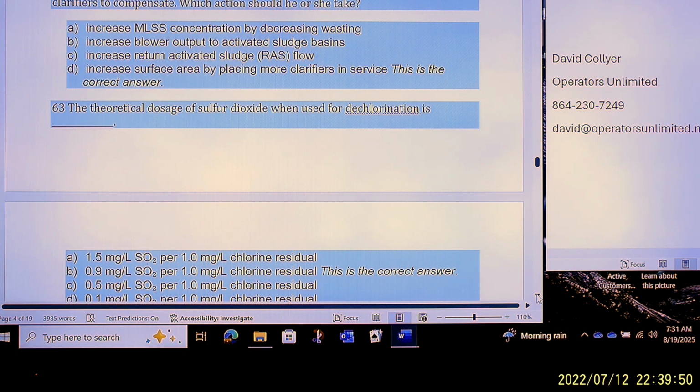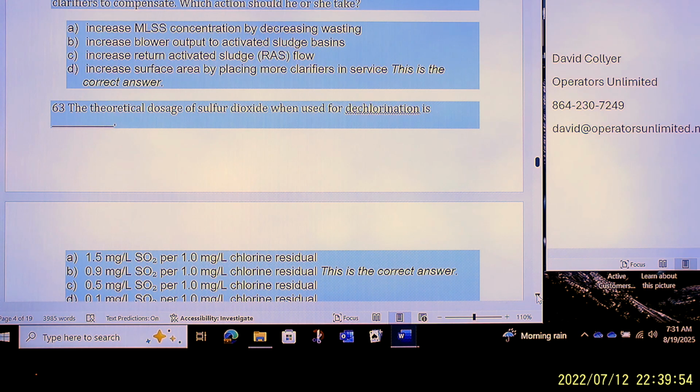62. The MLSS is settling poorly. The operator must reduce the SLR, solids loading rate, to the secondary clarifier to compensate. Which action should he or she take? A. Increase MLSS concentration by decreasing the wasting.